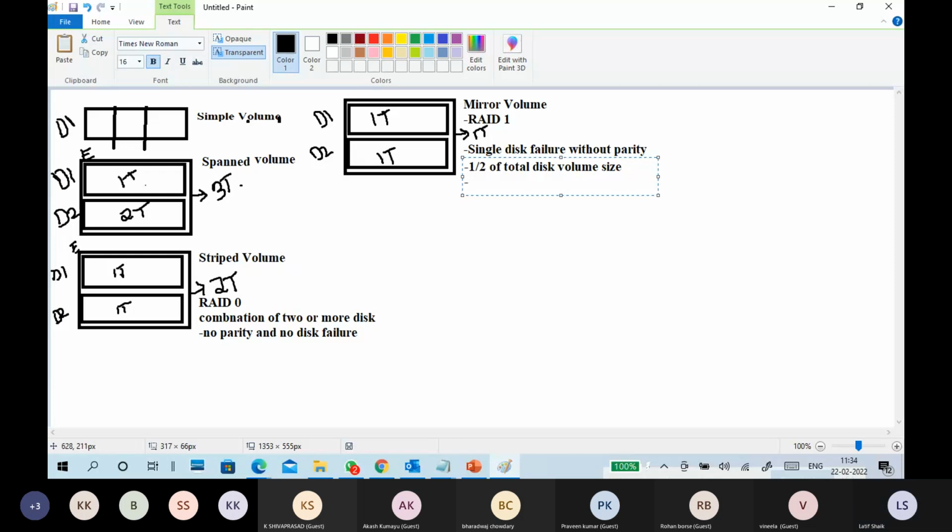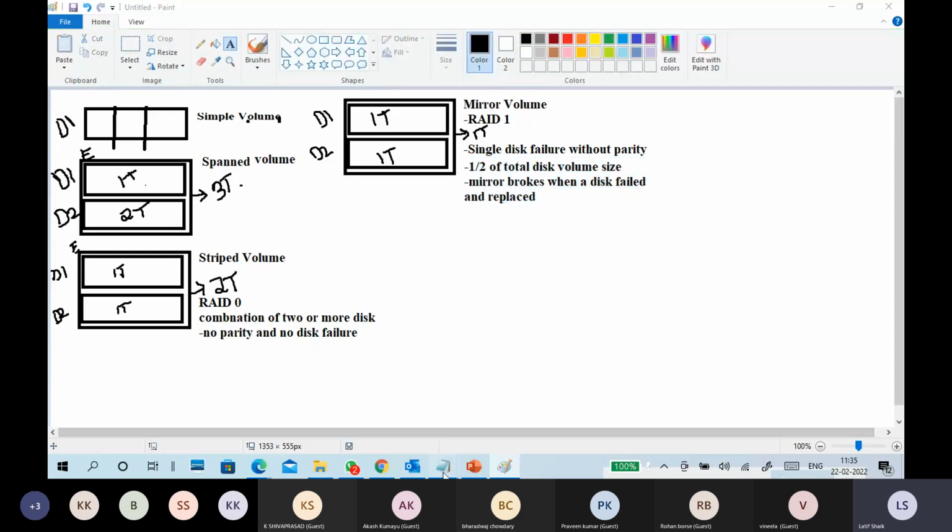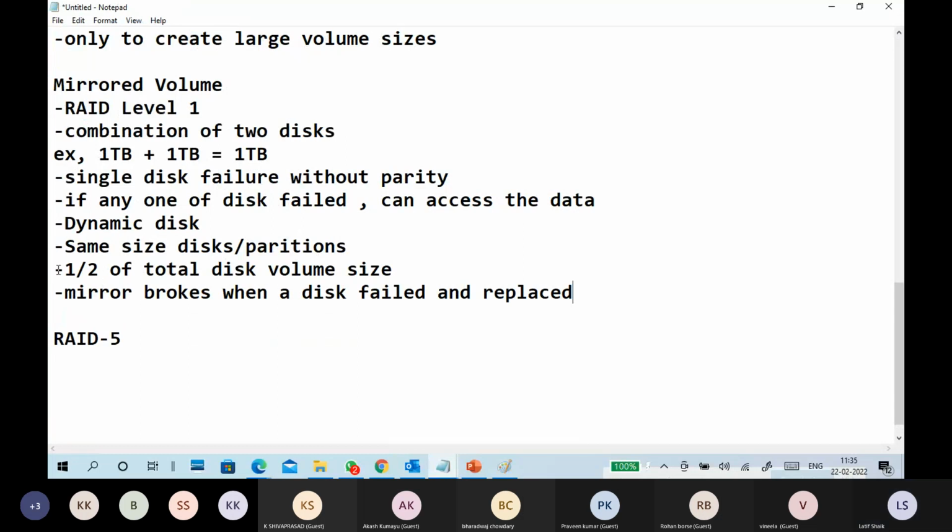Another point: the mirror breaks when a disk fails and is replaced.